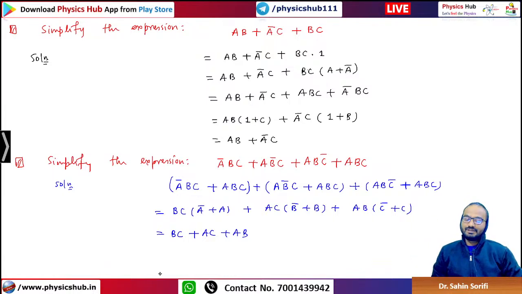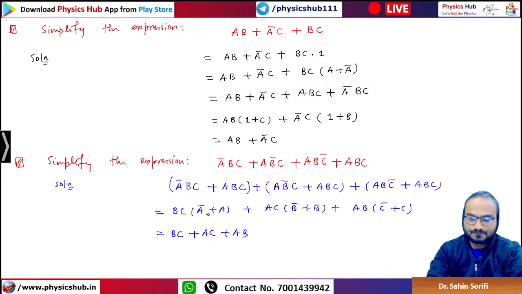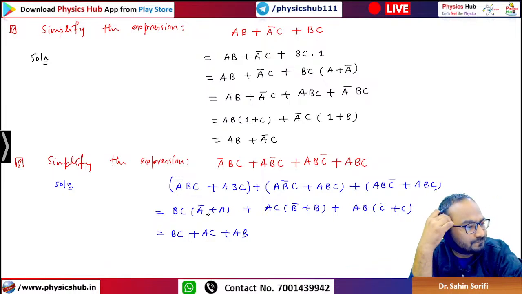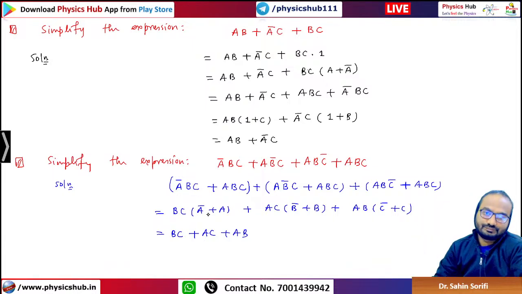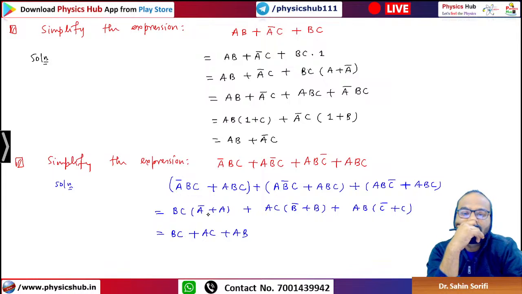So we will talk about it. These NAND and NOR gates are made up of the fundamental gates AND and NOT, but NAND and NOR gates can design any gate. So that is why they are called universal gates. AND, OR and NOT are the basic building blocks.